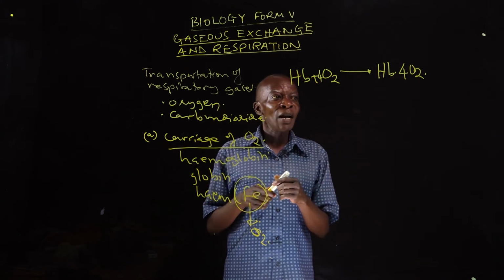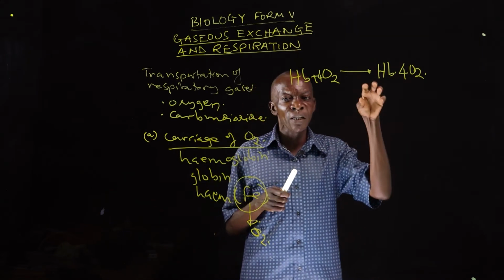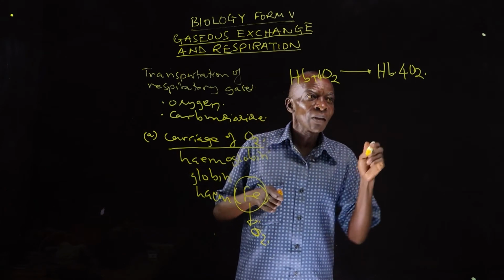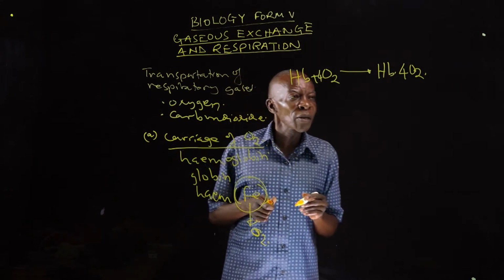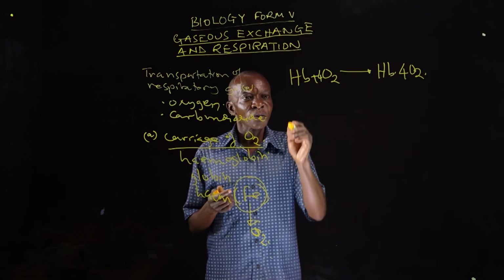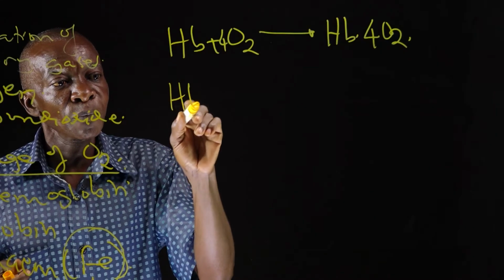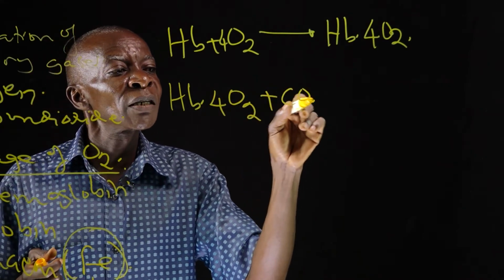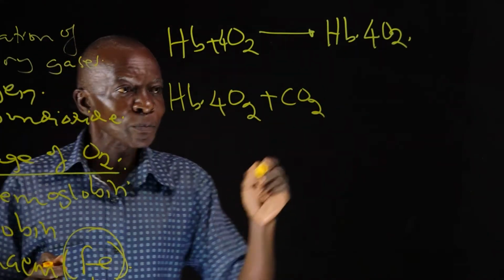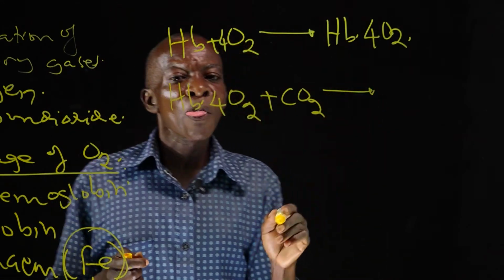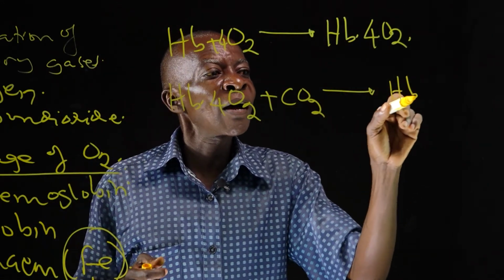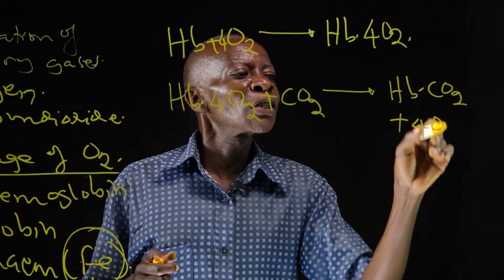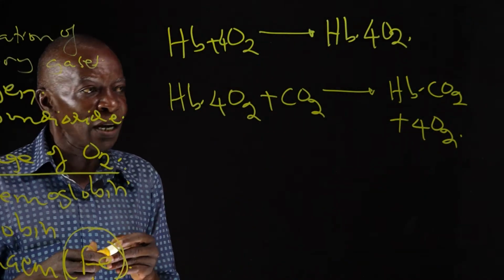In areas where the partial pressure of oxygen is low, and therefore the partial pressure of carbon dioxide is high, this oxhemoglobin dissociates. So we have oxhemoglobin dissociating due to the presence of carbon dioxide to form another compound, and the 4 oxygen molecules are released.